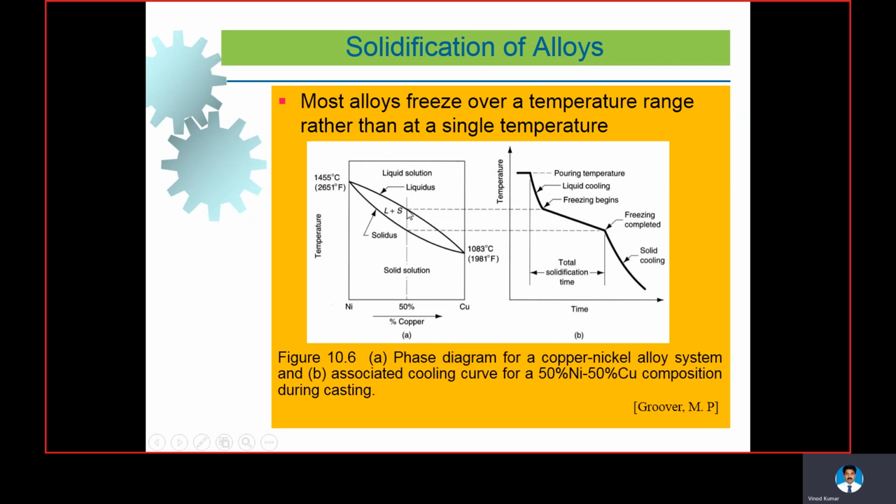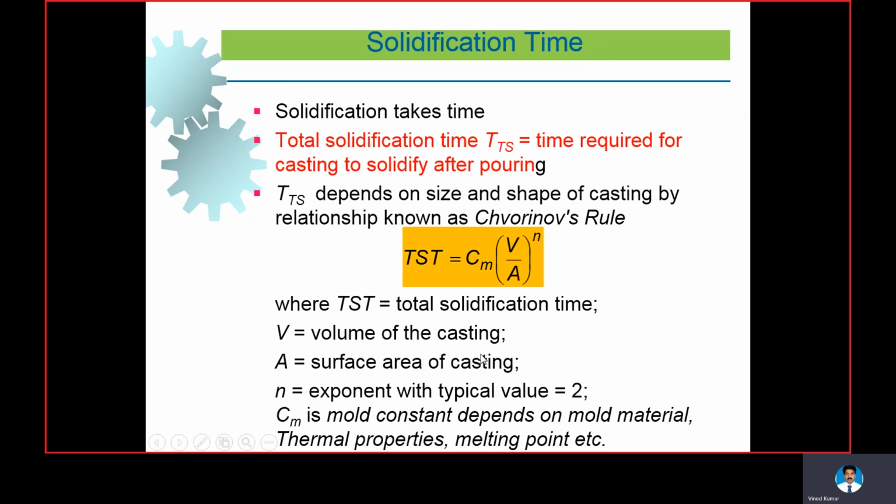It starts freezing. At this point, freezing starts. You could see here the temperature decreases, freezing starts. Again the temperature decreases, and the liquid slowly gets converted into solid. The amount of solid increases, and at a particular temperature, as shown here, freezing ends, and the liquid molten metal completely changes to 100% solid. Then again, it is cooled down to ambient temperature for further application. This is all about solidification of alloys.